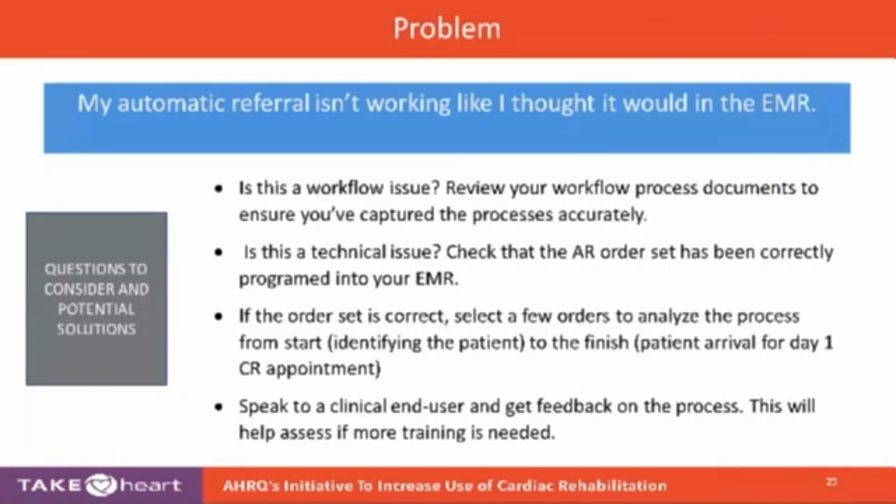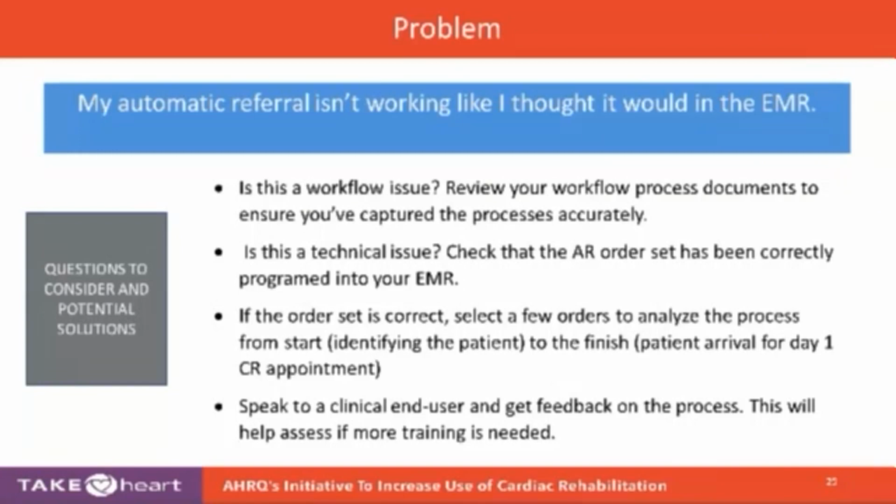Yeah, thanks, Stephen. From my perspective, I would first address whether it was a technical issue. In Epic, at least, I don't want to speak to all the different EMRs, we have a workflow analyzer where we can go in and see keystrokes and make sure that the build is correct.